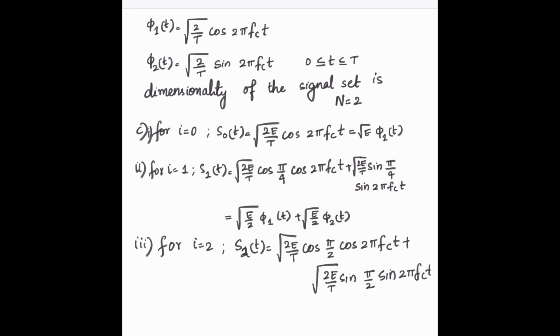Cos of pi by 2 is 0, so what remains is sin of 2 pi fct. Comparing, this will be equivalent to root of 2E by T into sin of 2 pi fct, which is root E into phi2 of t.